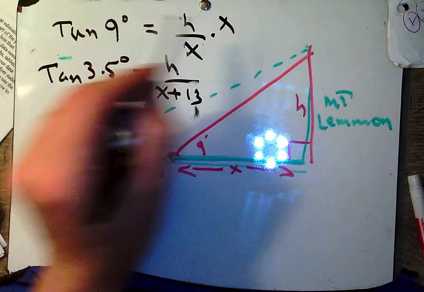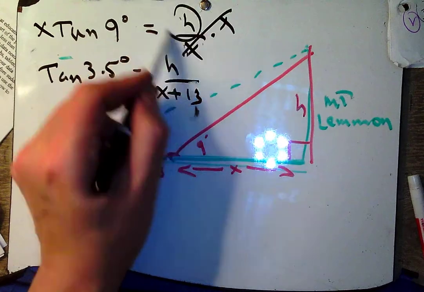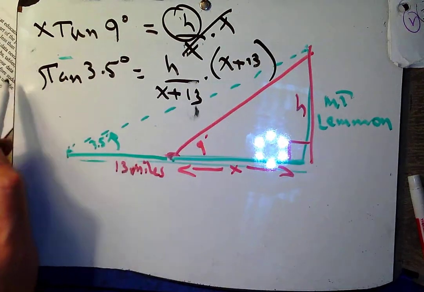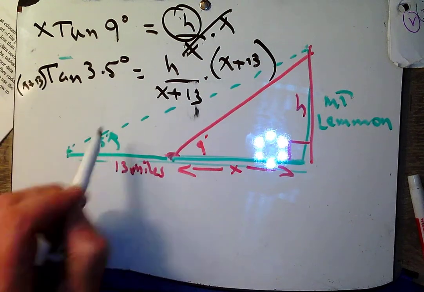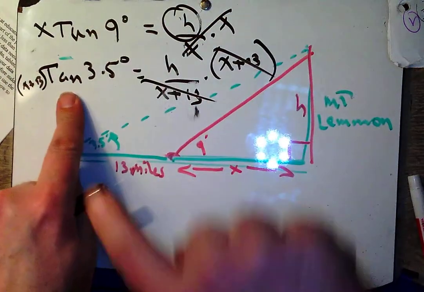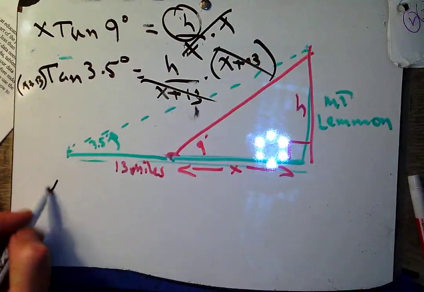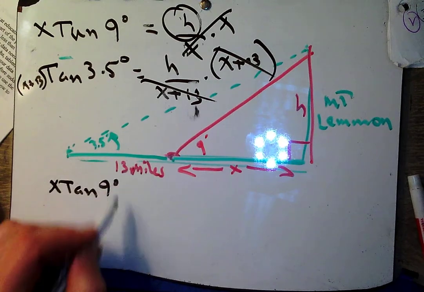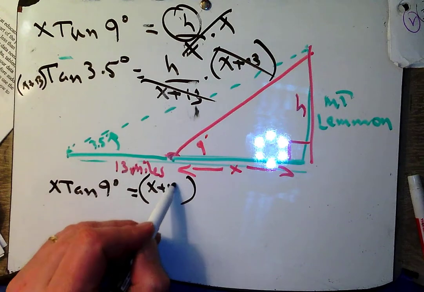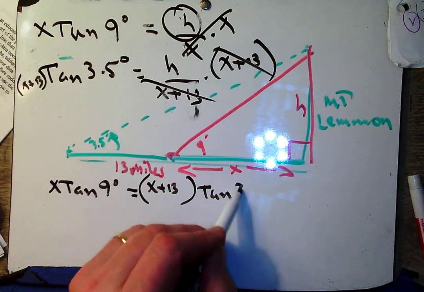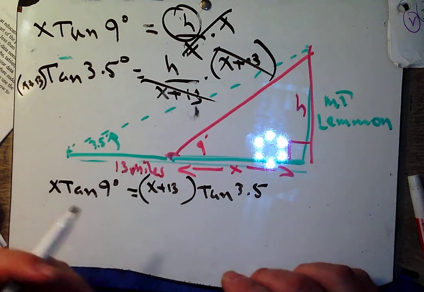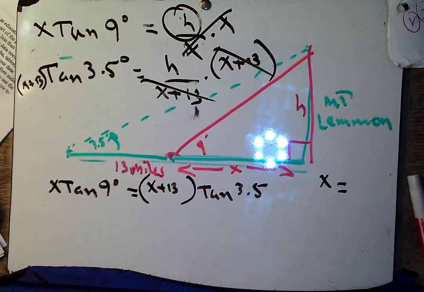I'm going to get both of these equations equal to h. And now that they're both equal to h, I can set this stuff equal to this. So I'll have x tangent 9 degrees equals, and these parentheses are really important here, x plus 13 tangent 3.5. Now, my goal is to get x equals.